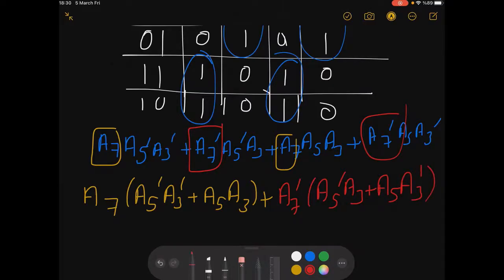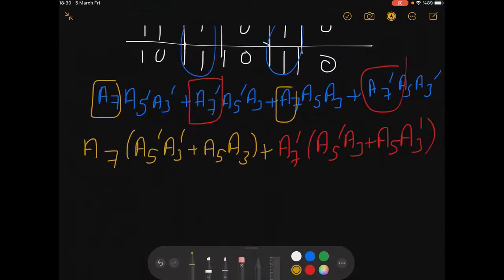When you combine them together, you remember them from our previous sessions, right? This is your basic XNOR gate where you have two inputs, and this is your basic XOR gate where you have two inputs.